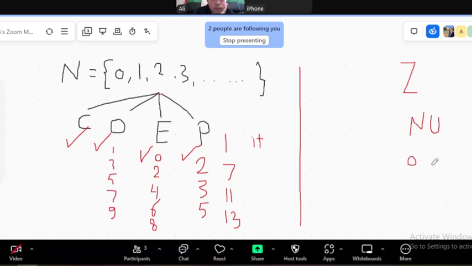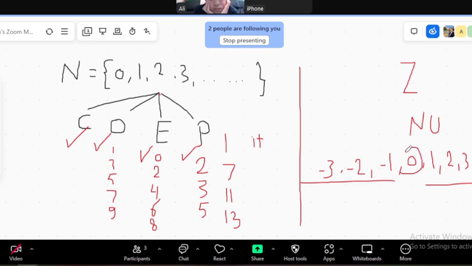Natural numbers are 0, 1, 2, 3, and so on. But negative numbers are negative 1, negative 2, negative 3, and so on. So now we have all the numbers: first positive and second negative.